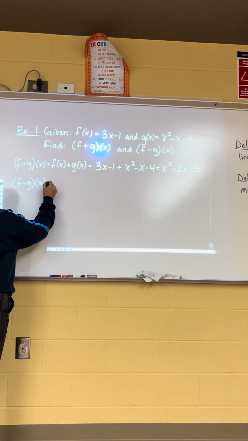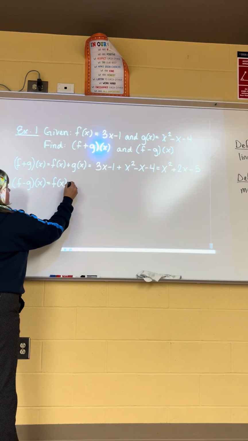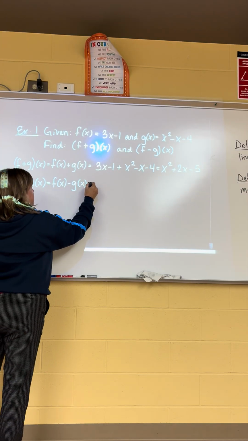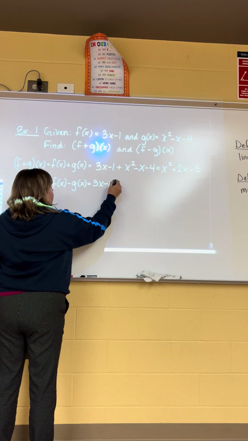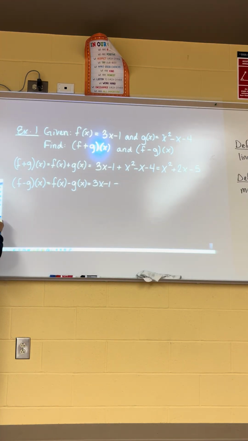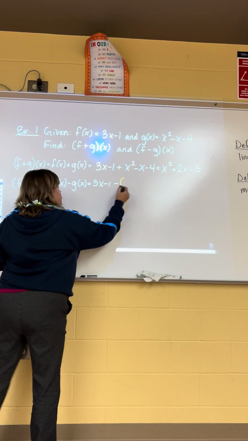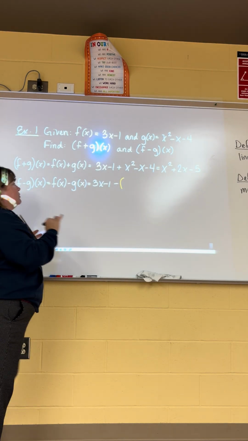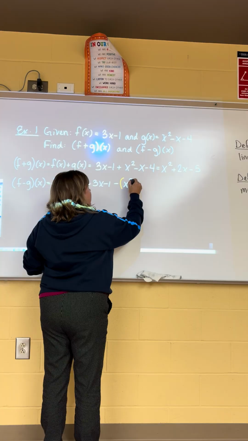F minus g of x is f of x minus g of x, 3x minus 1, minus, remember I said use parentheses so that you remember to distribute that negative to everything that is g of x.